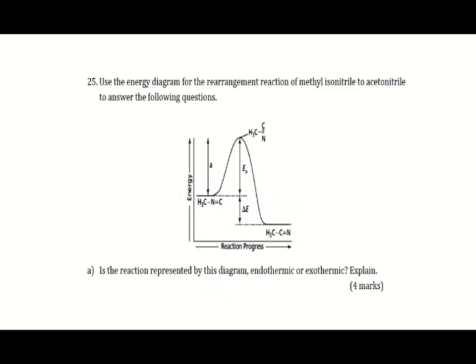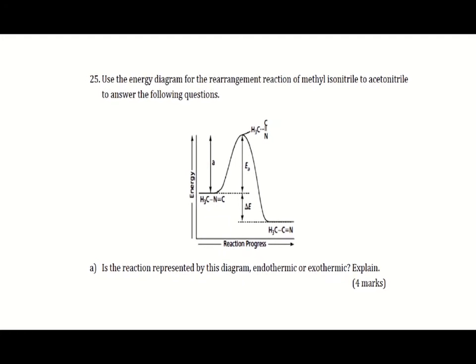Use the energy level diagram for the rearrangement reaction of methyl isonitrile to acetonitrile to answer the following questions. So the methyl isonitrile rearranges to form acetonitrile. This is the reactant and product. Is the reaction represented by this diagram endothermic or exothermic?